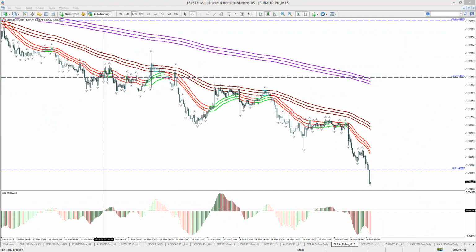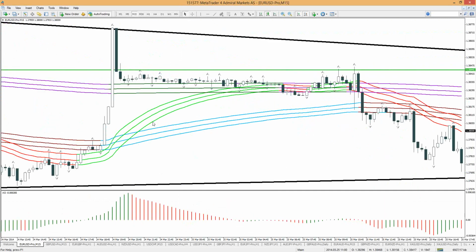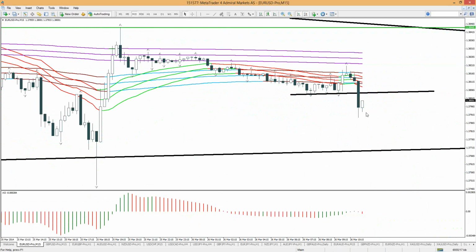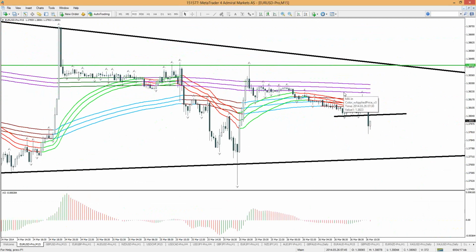Let's see, Claudio is asking about the euro dollar. Yeah, that looks possible, although from my point of view, it looks a bit early still. It's still within the second hour, which is a little bit early still.